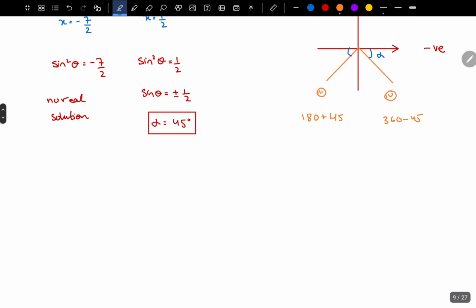So writing this down, for the theta values we'll have 45, 180 minus 45, 180 plus 45, and 360 minus 45. And our final answers will be 45, 135, 225, and 315.